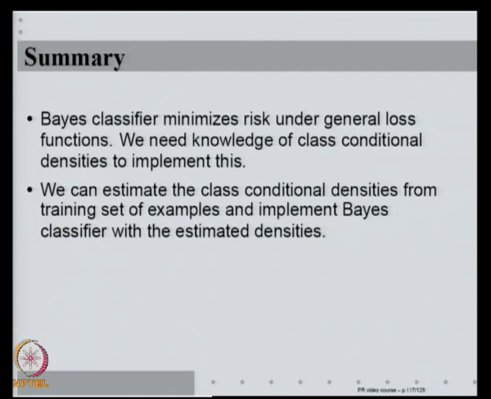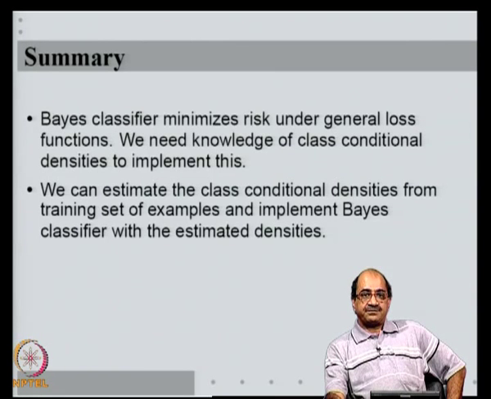We will also prove it under a general loss function. In any case, the Bayes classifier minimizes risk under any general loss function. Its main problem is that it needs the knowledge of class conditional densities. How do I get class conditional densities to implement the Bayes classifier? I can estimate the class conditional densities from the training set of examples.